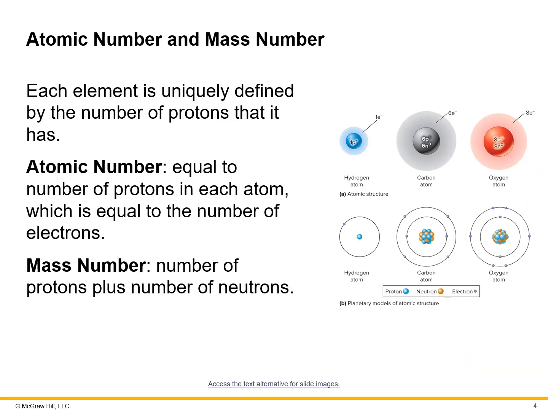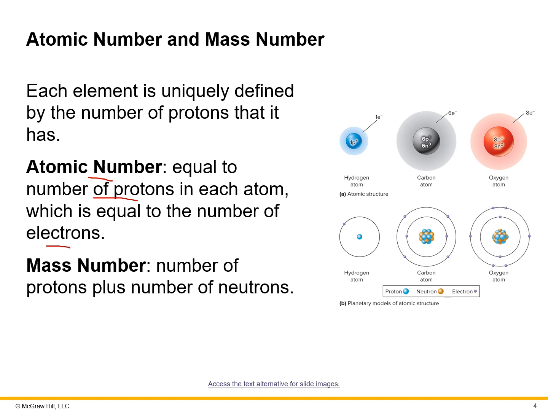Now, the number of protons and neutrons gives us what we call the atomic number and the mass number. The atomic number is equal to the number of protons that each atom has. And this is going to be equal to the number of electrons as well as neutrons. So except for hydrogen, atoms have the same number of protons, neutrons, and electrons.